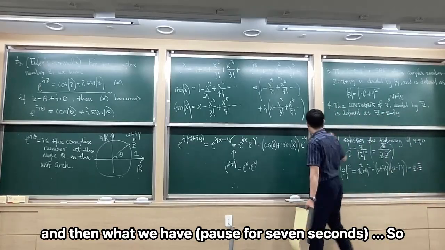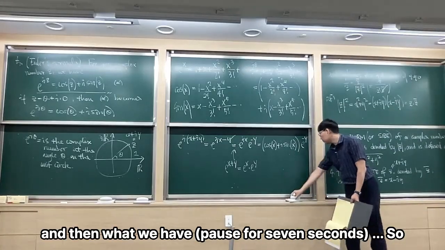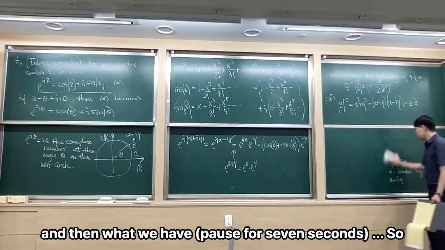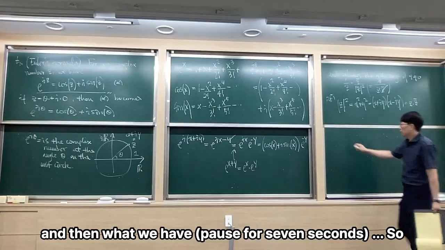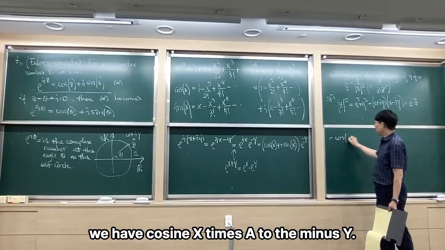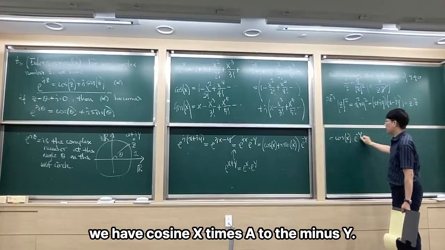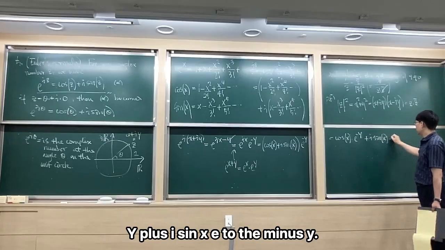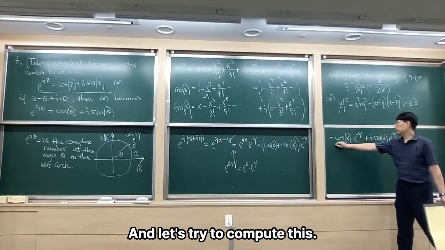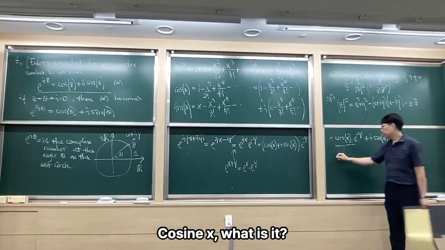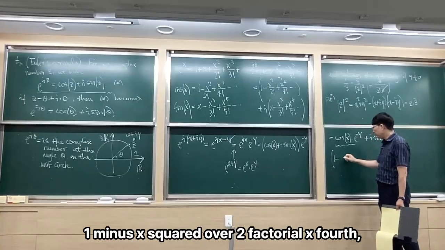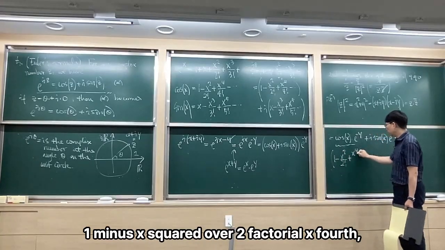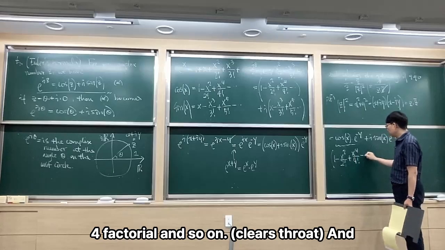And then what we have: cosine x times e to the minus y plus i sine x times e to the minus y. And let's try to compute this. Cosine x, what is it? 1 minus x squared over 2 factorial plus x to the fourth over 4 factorial, and so on.